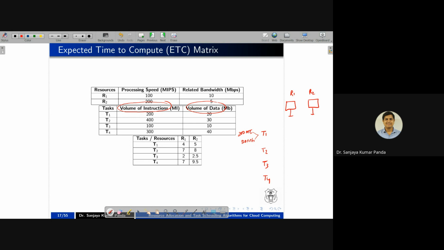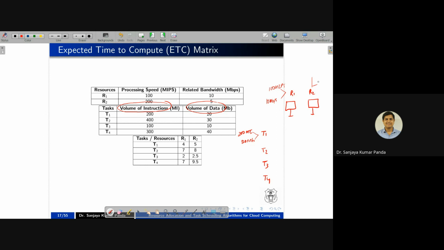If you look at the resources' perspective, resources also have two parameters. One is speed: the speed of this particular resource is 100 MIPS, so it can execute 100 million instructions per second. Similarly, the bandwidth is 10 Mbps. So this computer's CPU speed is 100 MIPS and the related bandwidth is 10 Mbps.